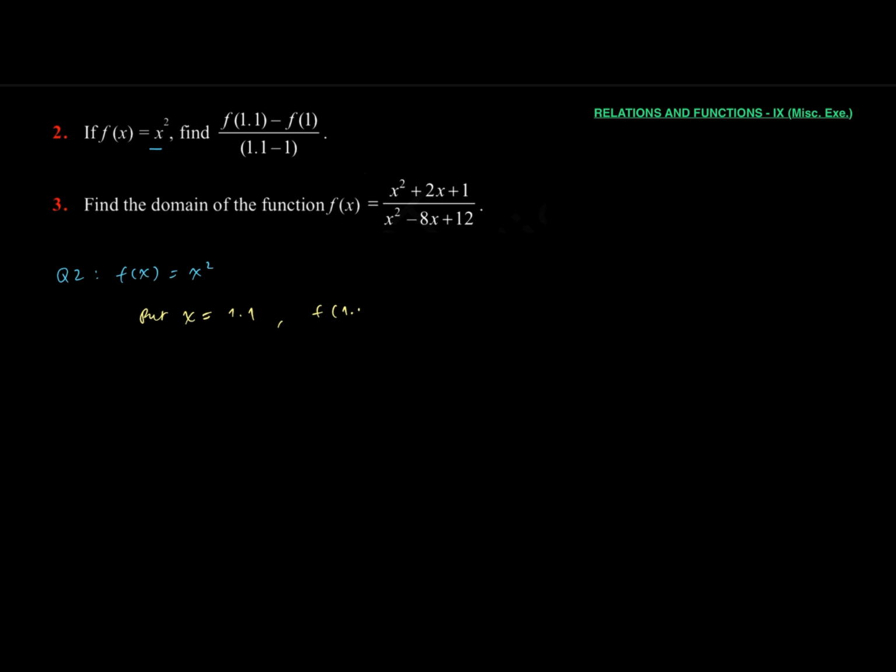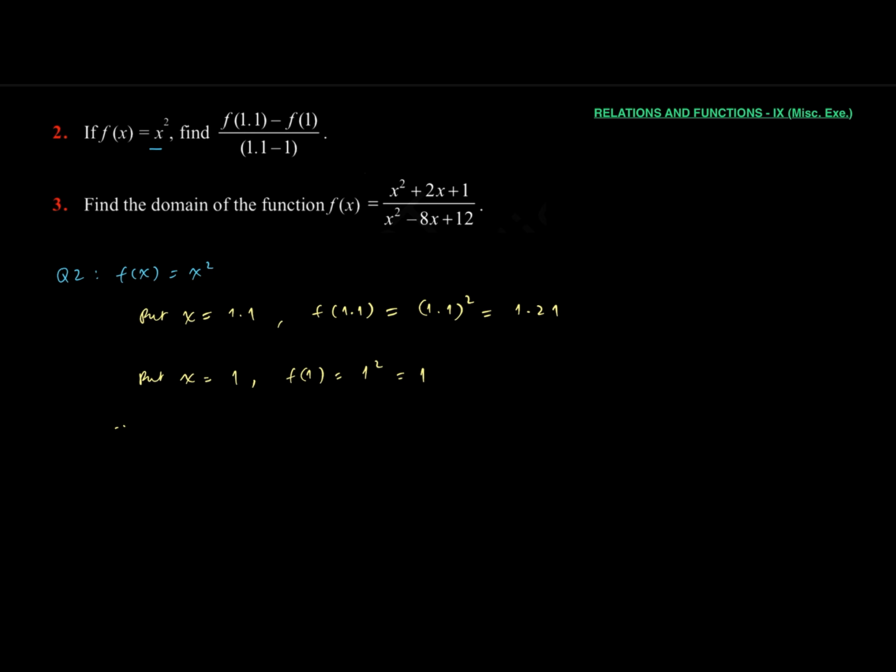Then f of 1.1 will be equal to 1.1 whole squared, and this will be equal to 1.21. And now we'll put x equal to 1. So f of 1 will be equal to 1 squared, and that's equal to 1.